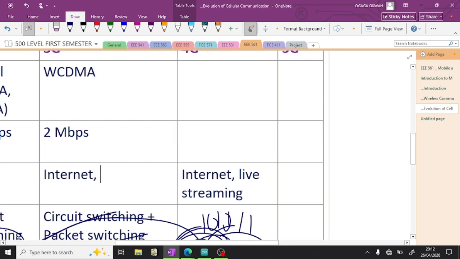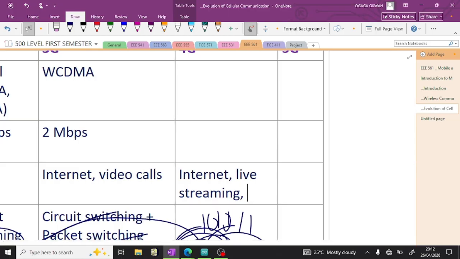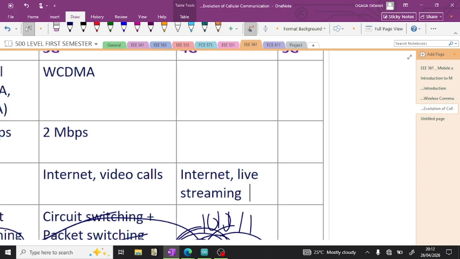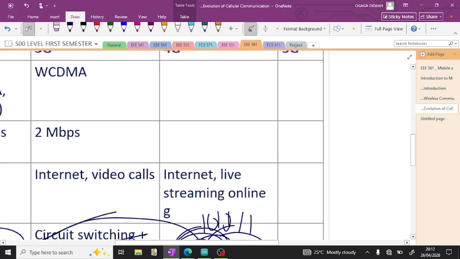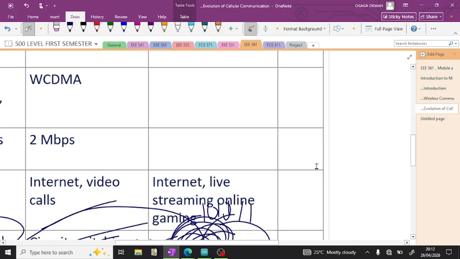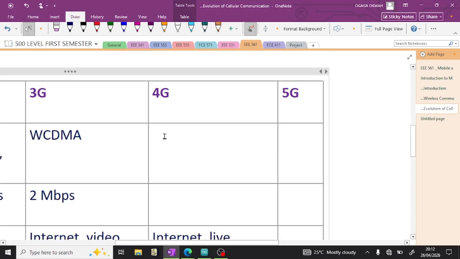Even video calls. Video calls. Okay, but live streaming in the fourth generation, even gaming also, online gaming. But of course, to do all these things, you need serious technology.